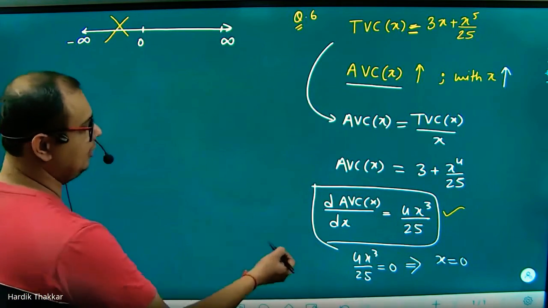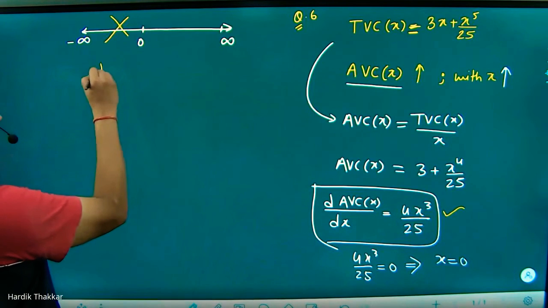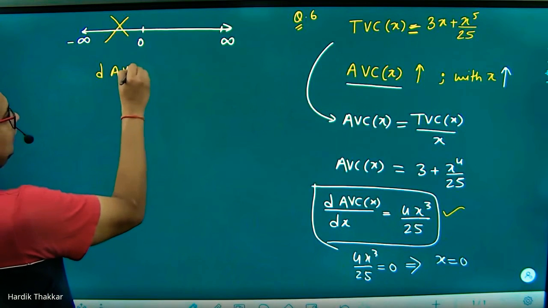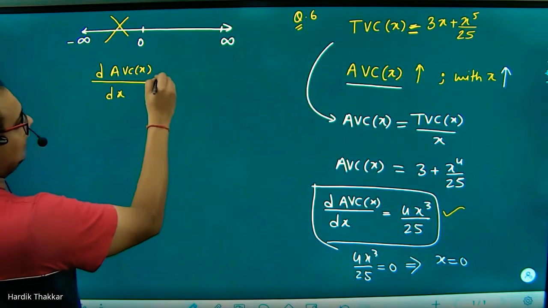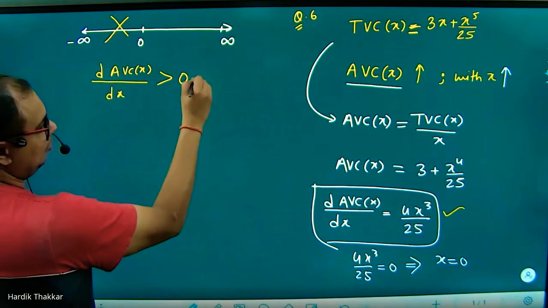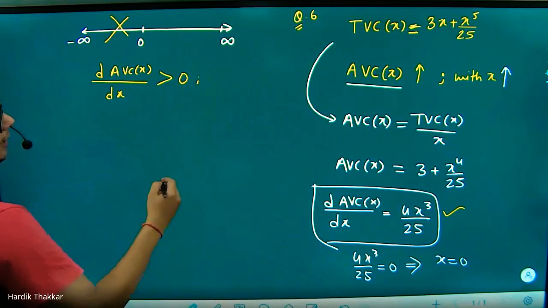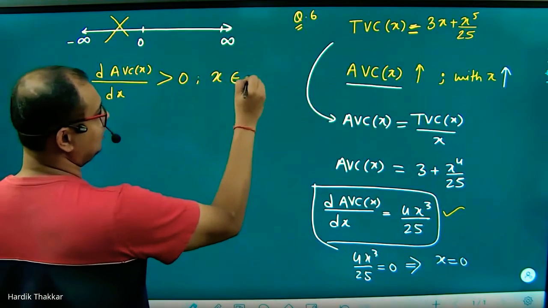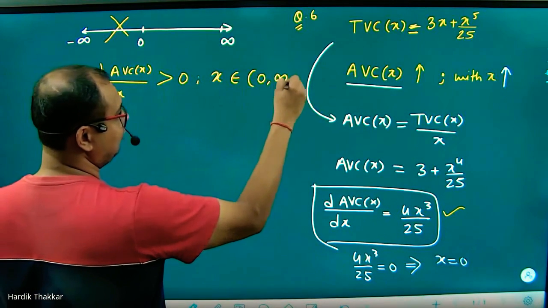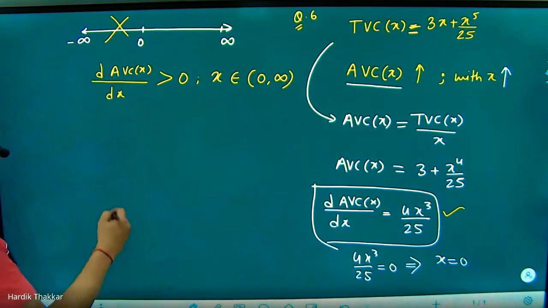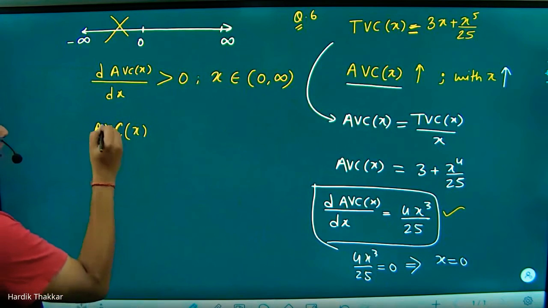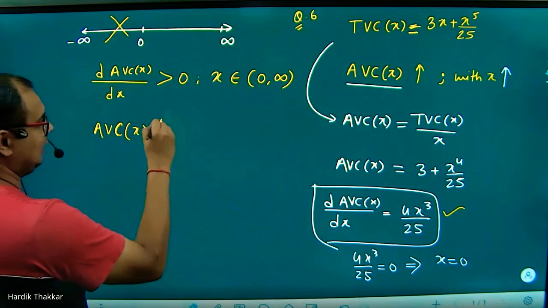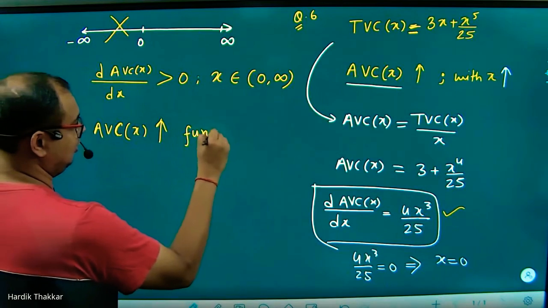So we can see that d AVC of X divided by d of X is greater than 0 for all X belonging to the interval 0 to infinity. Hence, we can say that AVC of X, the average variable cost function, is an increasing function.